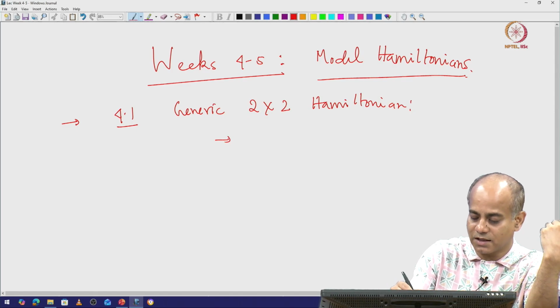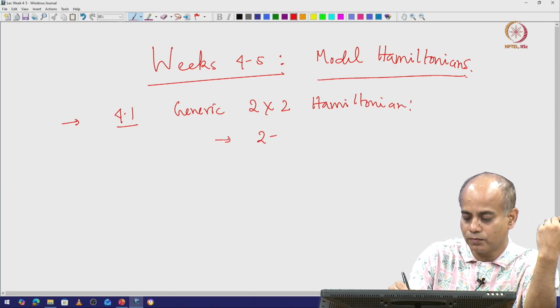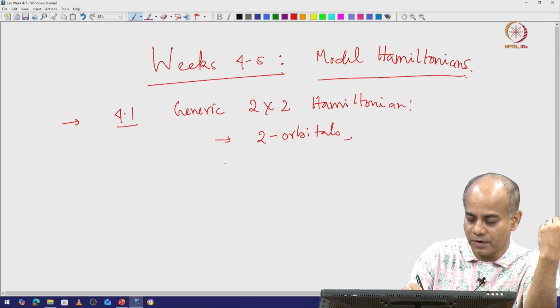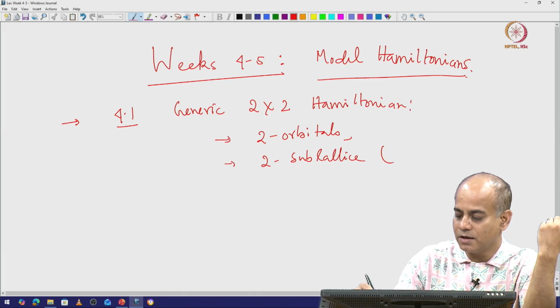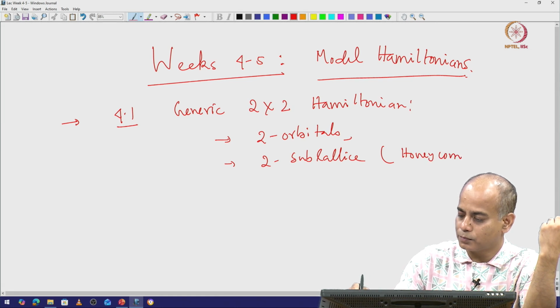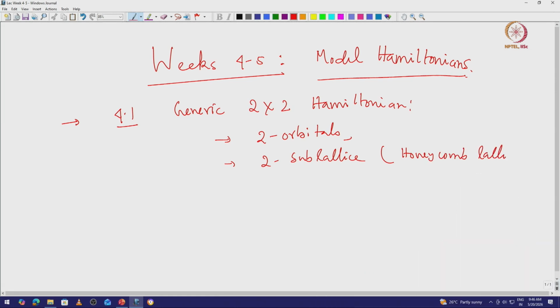and the popular ones are of course 2 orbitals, maybe 2 sublattice such as in honeycomb lattice, which are made of a unit cell in which one needs a minimum of 2 atoms or 2 sublattices, but 2 sublattices which can be of the same atom also.